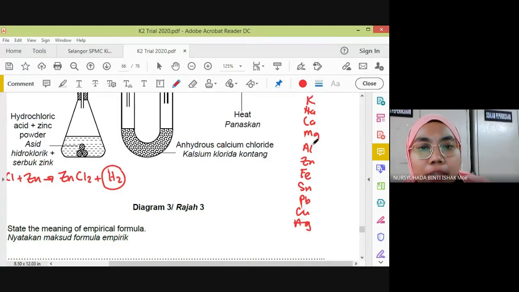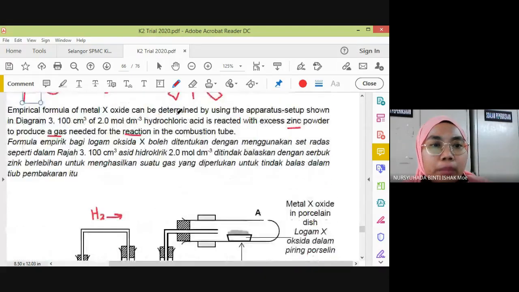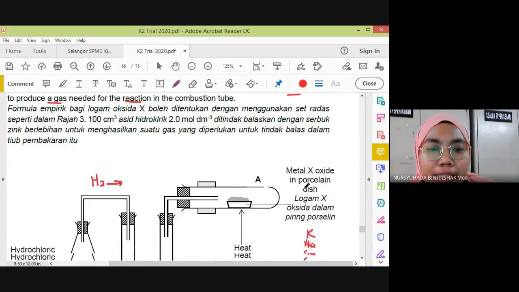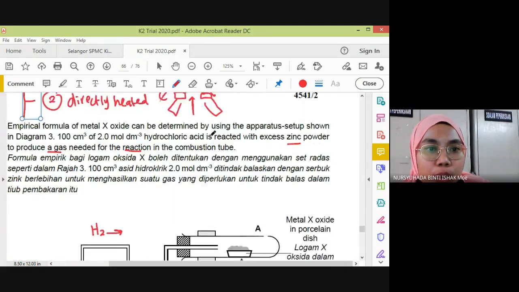Okay, now kamu kena tahu dekat atas zinc ni adalah karbon, bawah zinc adalah hidrogen. So, mana-mana elemen yang above daripada hydrogen, we use directly heated, that we use the crucible. Ulang sekali lagi, mana-mana elemen yang berada above hydrogen, kita akan directly heated using crucible.